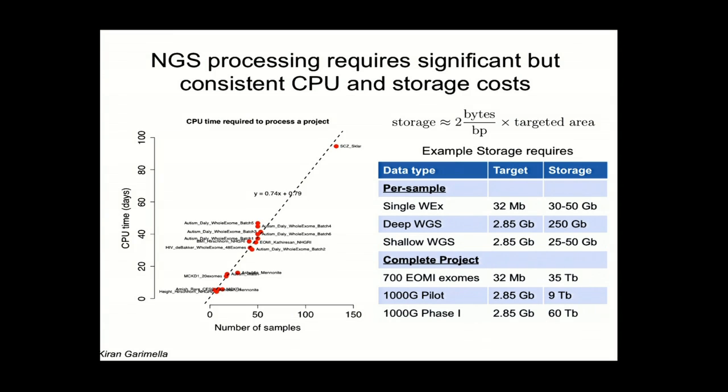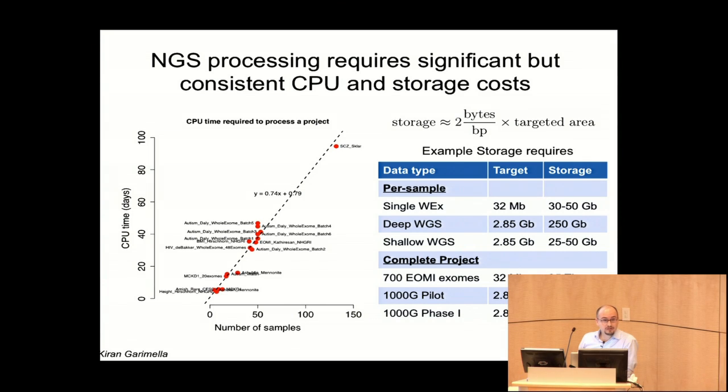There's the x equals y line in the equation. Basically, if you want to process 100 exome samples, it's going to take around 80 CPU days to just do raw local realignment and calling, and then there's some cost for alignment and things like that. So you're talking on the order of 100 days per 100 samples. So this is great. This is why we have a big farm, but it's quite expensive to do these calculations.